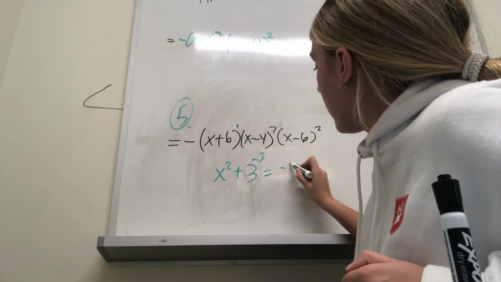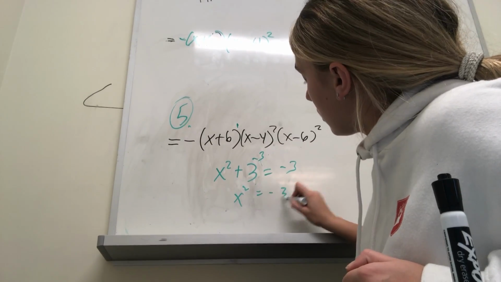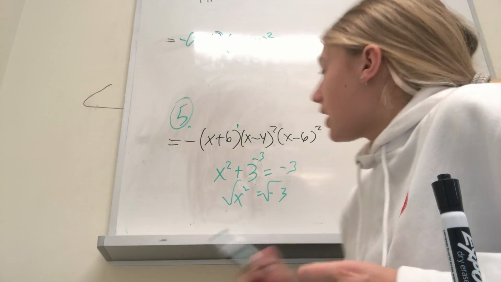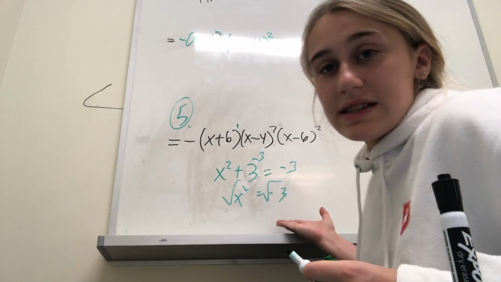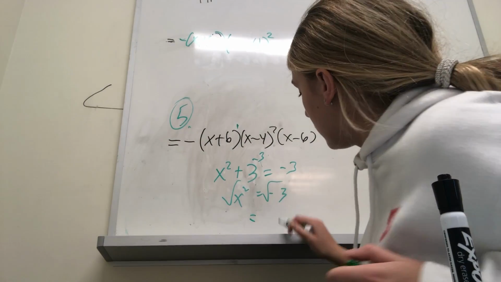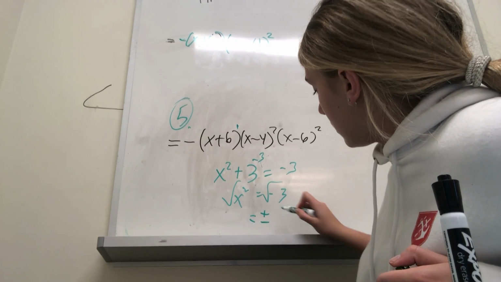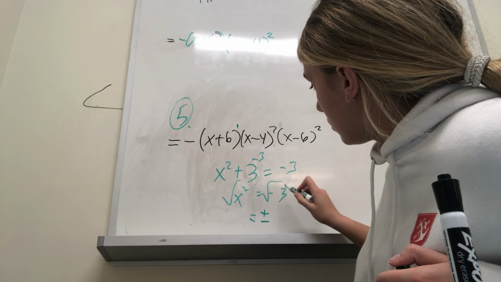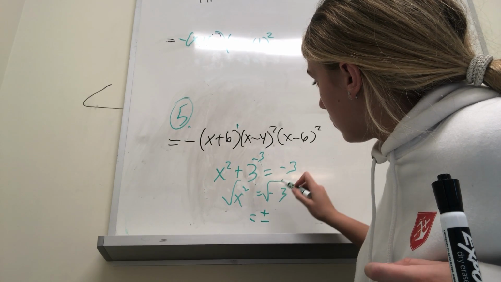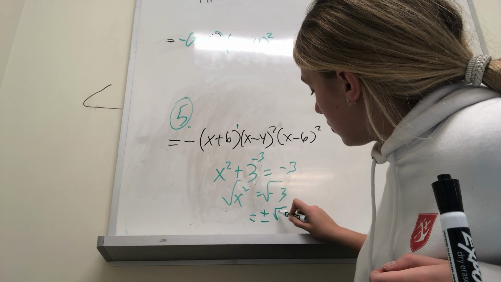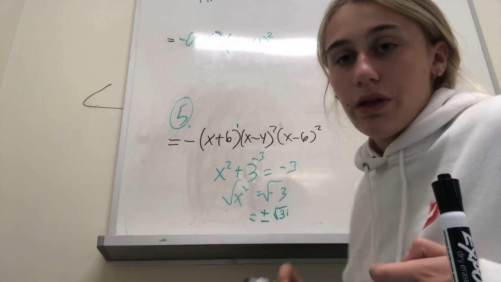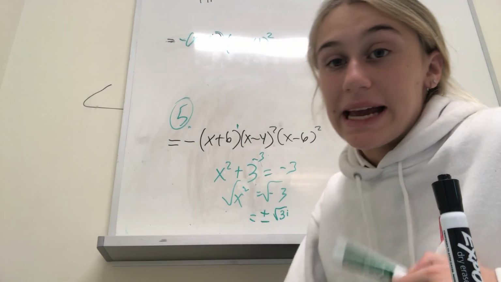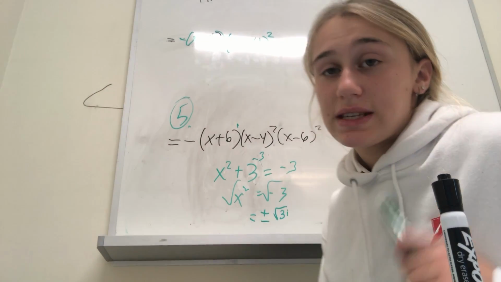So minus 3, square root. This number would end up being plus or minus root 3i. So because it's a root of a negative number, it means it won't intercept the x-axis.